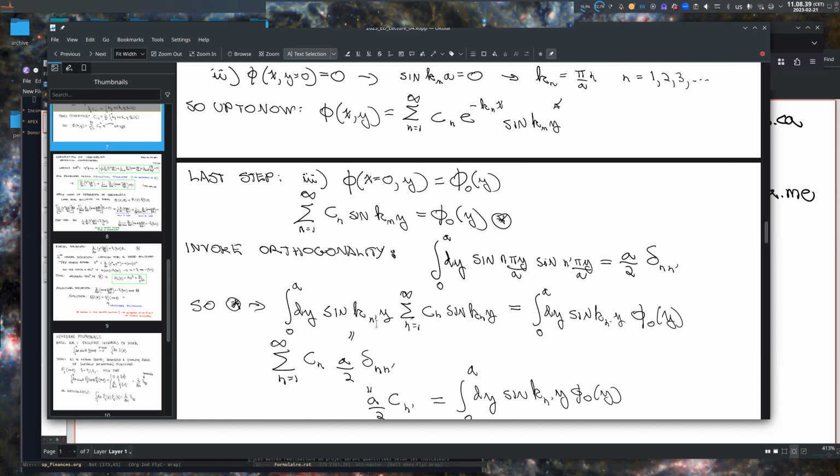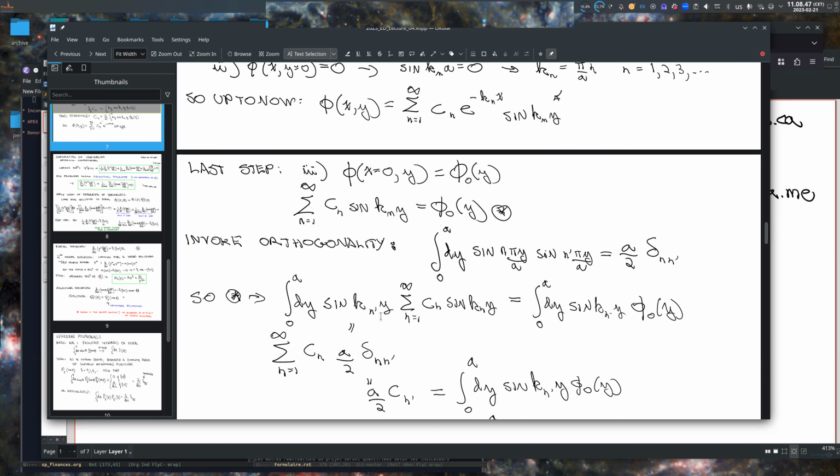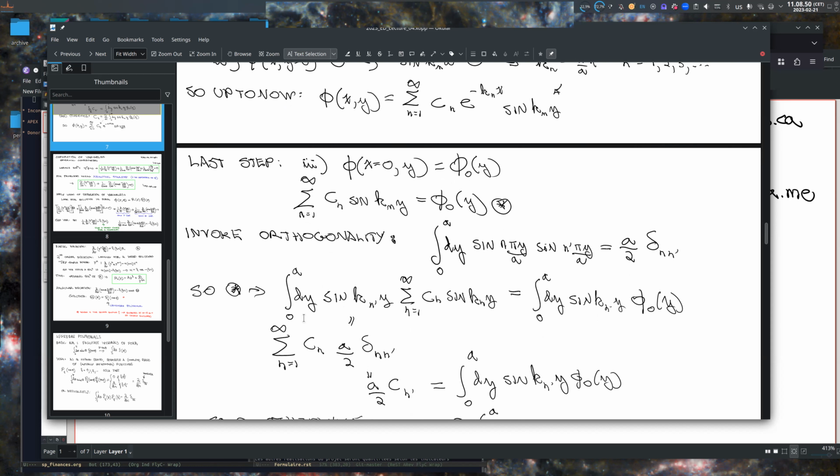So I am doing the left-hand side of this. When I perform the integral, due to the orthogonality of the functions, I pick up a Kronecker delta: n in the sum has to be equal to my chosen n prime, for each n prime that I will put in this machine, one after the other.